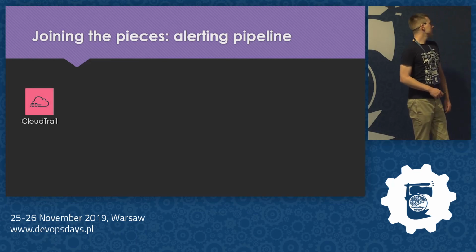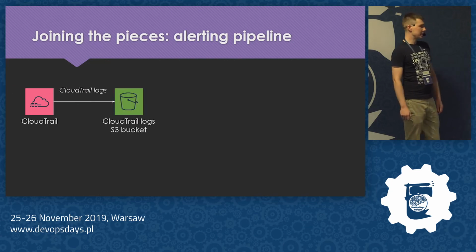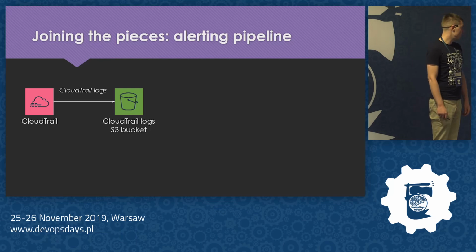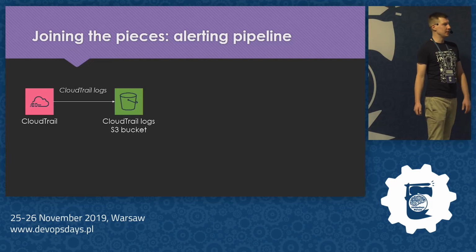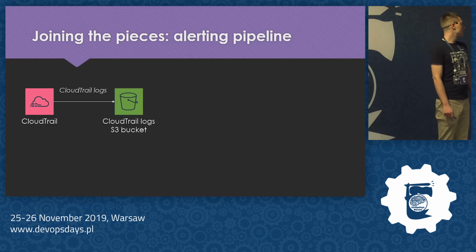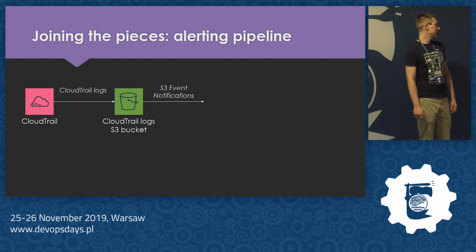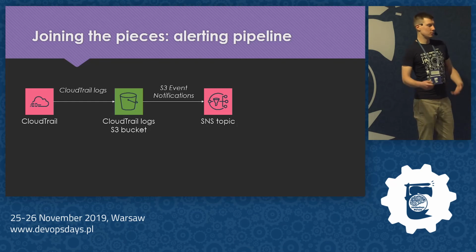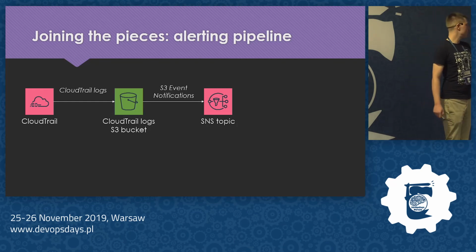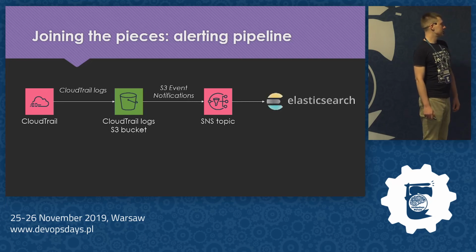Basically, if you configure CloudTrail logs to go to an S3 bucket, you can also configure, this is not per se a CloudTrail specific thing, but in any S3 bucket you can do this, to get a notification whenever there is a new object in the S3 bucket. Pipe it through an SNS topic, so another AWS service that allows you to have this sort of notification messaging going on, and through that, ingest it into Elasticsearch.